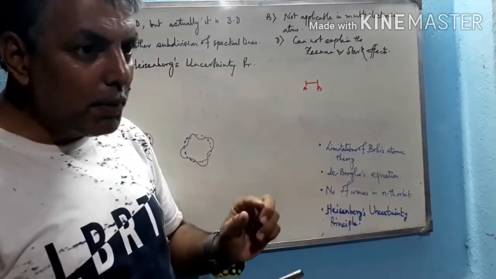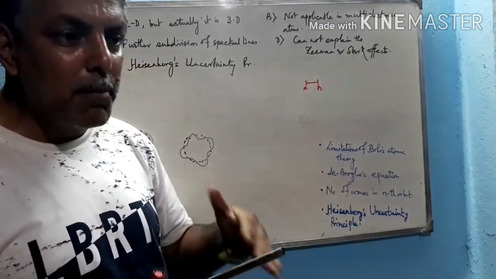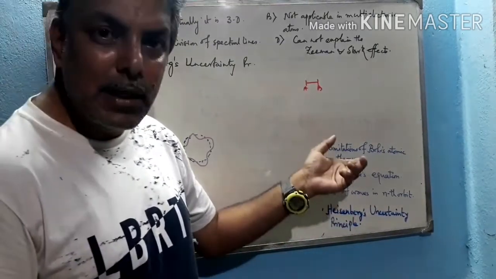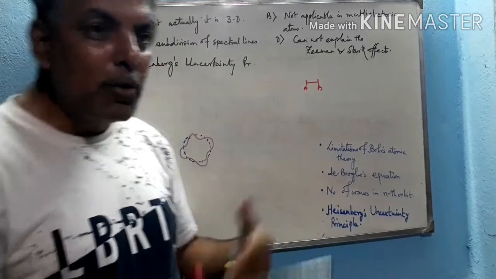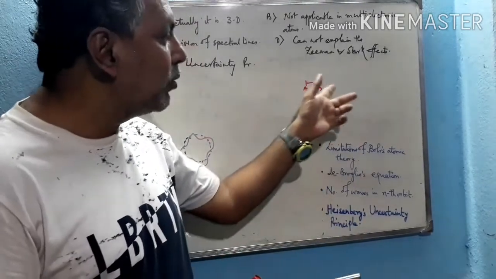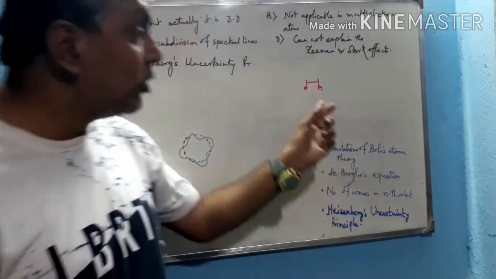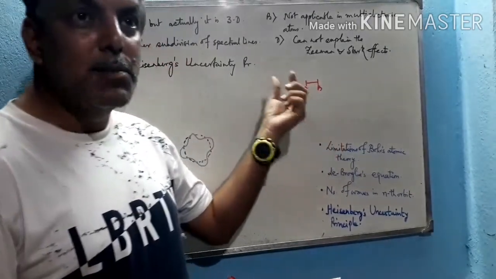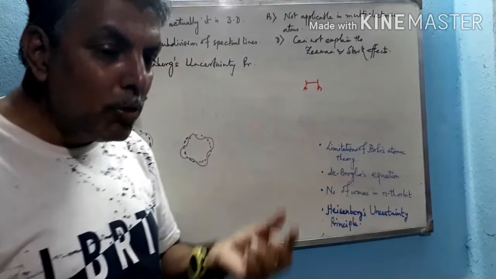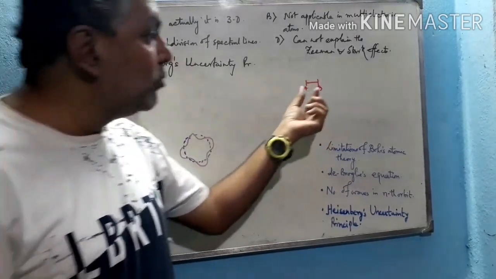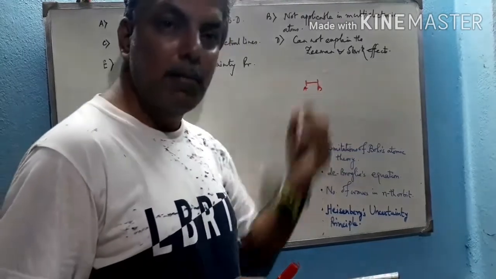So the number of photons striking the surface will be greater to increase the intensity. That's why a huge amount of energy will strike over this particular region A to B. Because it is a tiny particle, its mass is very small, so that amount of energy may be effective to move that particle from here to there.